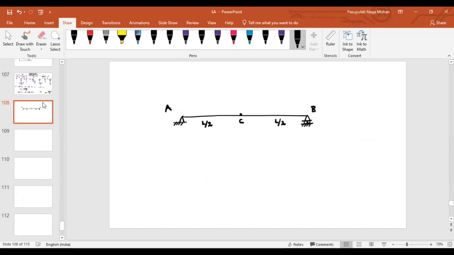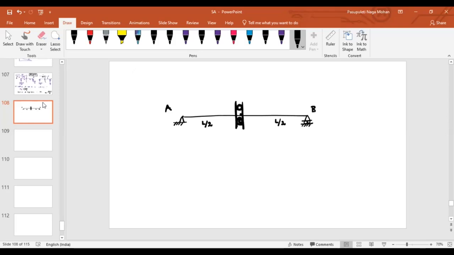In the same case, first of all, we have to release the force. To release the force, which type of support can I place here? Roller support. I cannot directly say roller; I can say an axial shear connection.